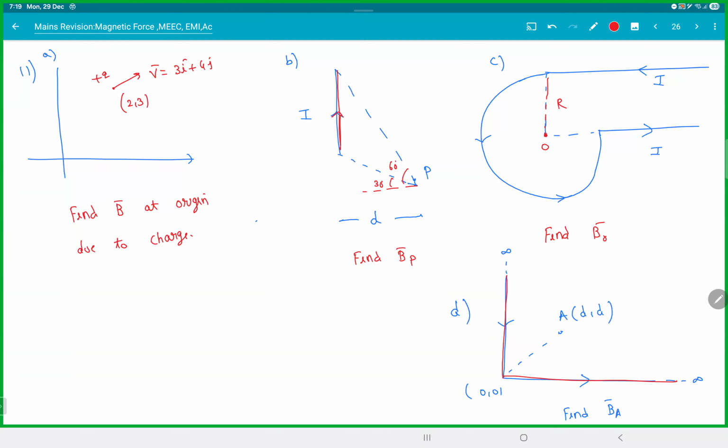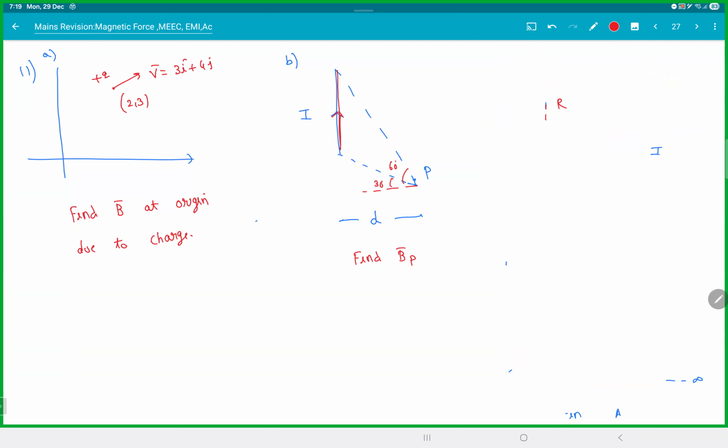I don't remember the answer. How to do the first two? Check out the notes. This is the formula for the magnetic field due to a moving charge: B is equal to mu naught by 4 pi, Q V bar cross R cap by R square. And how did we get that?